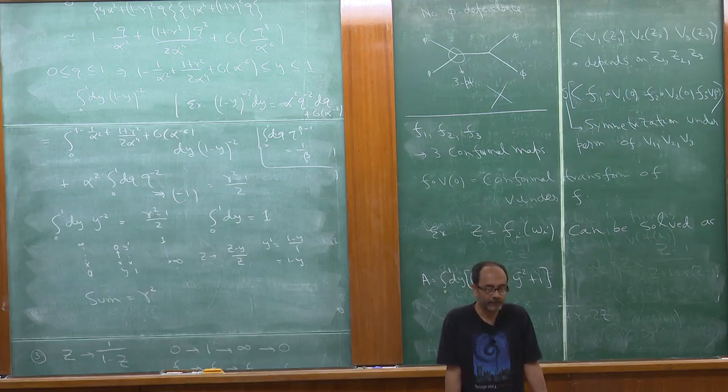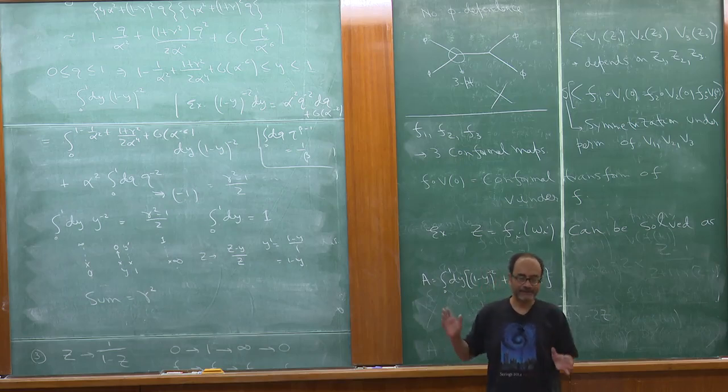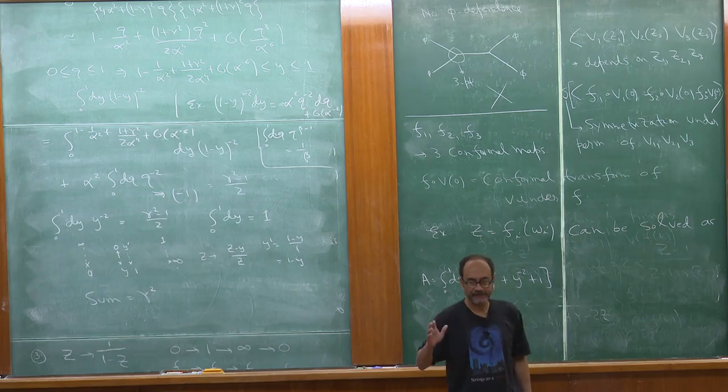So the idea is that you can choose anything that you like at the level of the 3-point function. There is no constraint at all. At the level of the 4-point function, there will be some constraints, but at the level of the 3-point function, there is none. But at the end, the final result should be independent of that choice. If it's not, then you have done something wrong, because in string field theory there is a general proof that the results are independent of the choice, because they are just related by field definition.